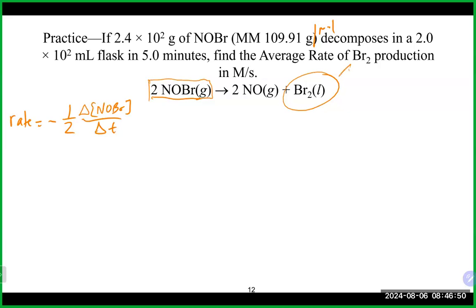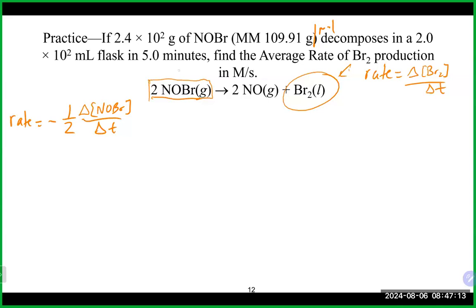We also could write one for Br2: the rate is equal to, because Br2 is a product, it will be positive. Also, the coefficient here is 1, so you don't really need to put it in there because it's 1 over 1. So we will have the change in the concentration of Br2 over the change in time. Any questions on those two?